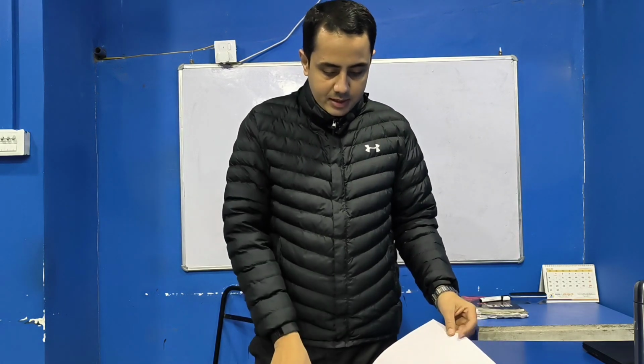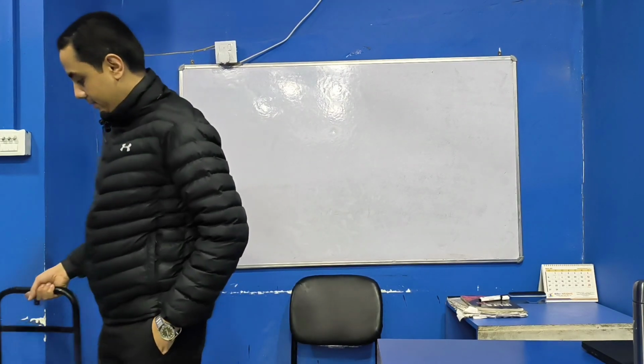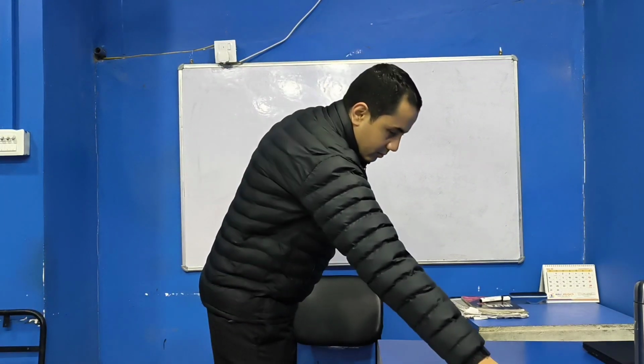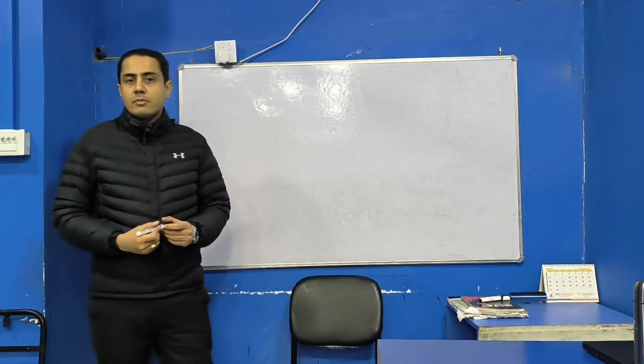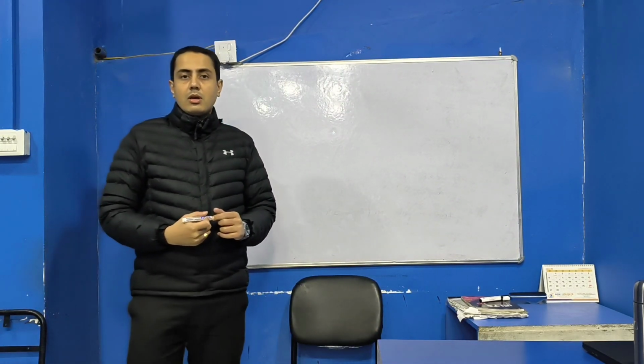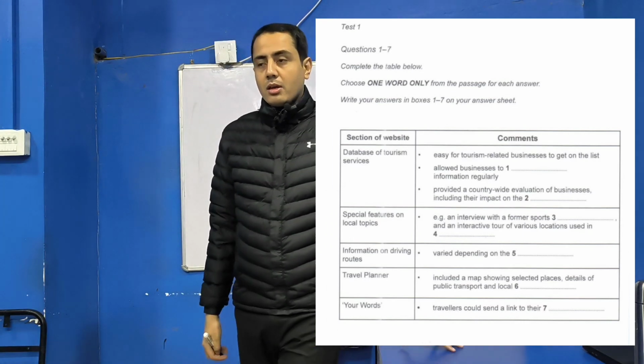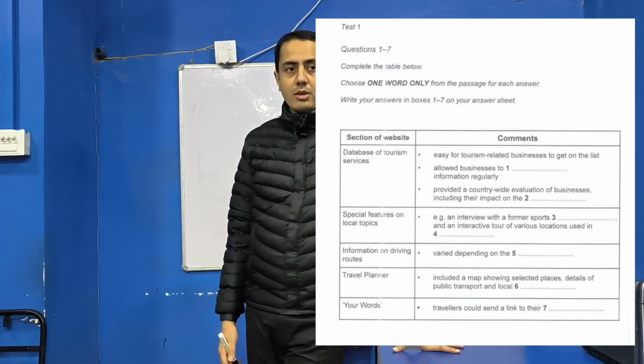If you turn the pages in IELTS 13, look at page number 18. IELTS 13, page 18. On that page, you can see there's a table for fill in the blanks.